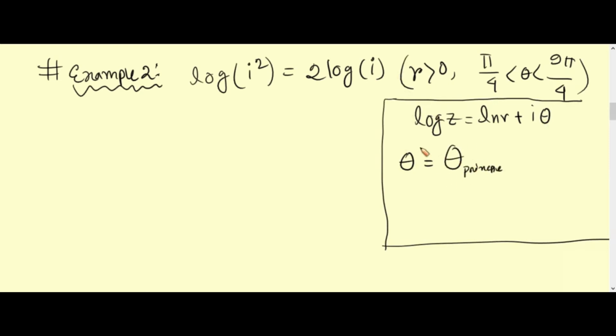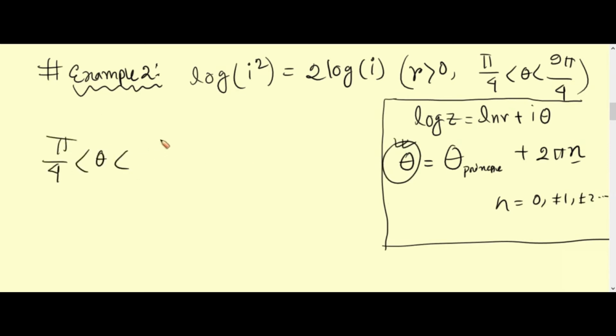So this is our principal argument, and this is the whole theta, and there will be a 2 pi n. Again, recall n was 0, plus minus 1, plus minus 2, and so on. So here you have a bound on theta, that is this theta over here. And the bound, let me just write it again, is pi by 4 less than theta less than 9 pi by 4.